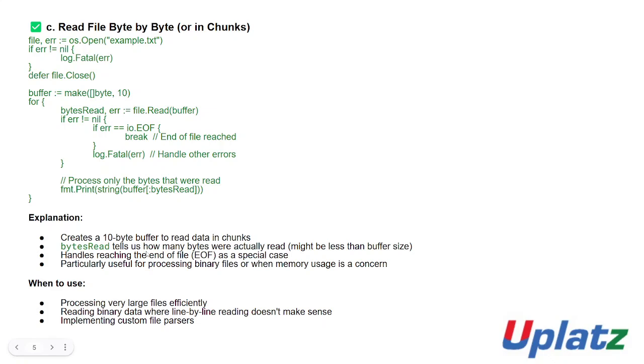Explanation: creates a 10-byte buffer to read data in chunks. bytesRead tells us how many bytes were actually read, might be less than the buffer size, as I told you. Handles reaching the end of file, EOF, as a special case. Particularly useful for processing binary files or when memory usage is a concern.